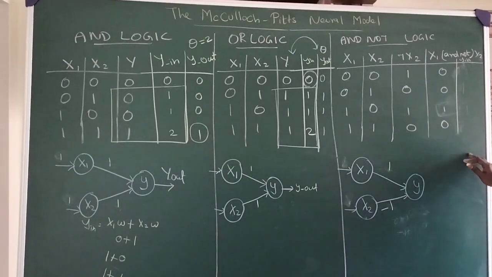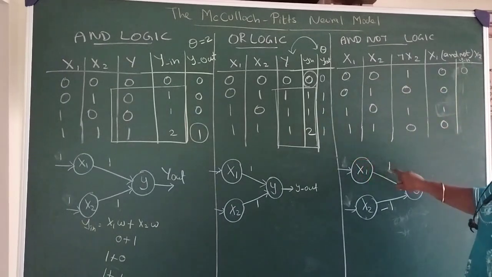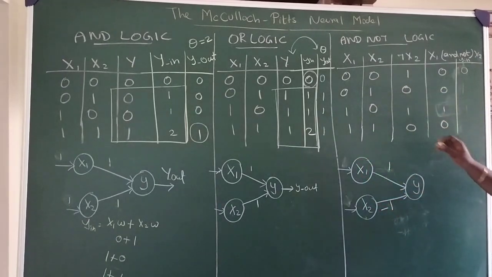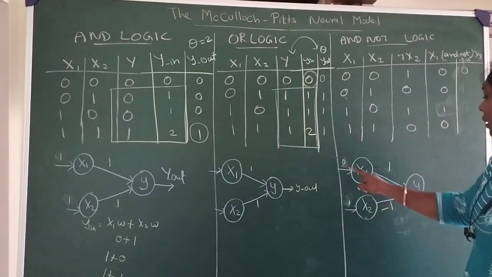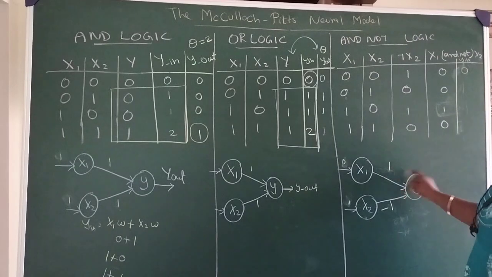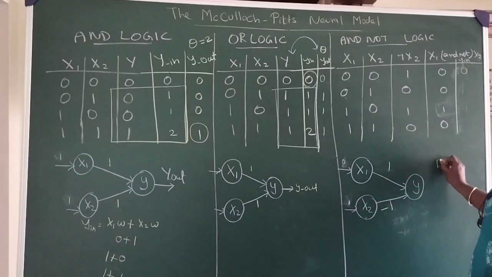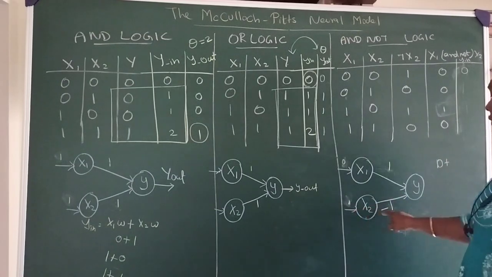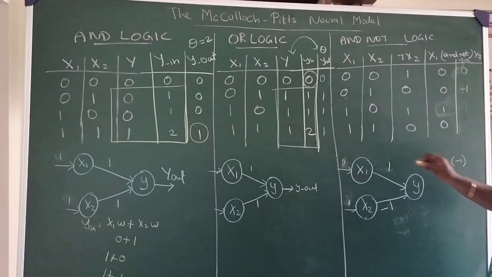Now let us check the inputs again. For 0, 0, it is going to be 0: 0 into 1 and 0 into -1 are the same. For x1 0 and x2 1, it is 0 into 1 is 0 plus 1 into -1 is -1, so your output is -1 here.